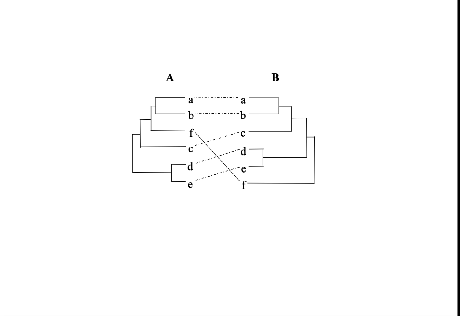So here's an example where you have analyzed two different genes. In gene A, you get one branching pattern, and then in B, there's a very different branching pattern because there's been a horizontal gene transfer of a particular gene in the species F there, so that it looks like it's misplaced with respect to the other taxa.